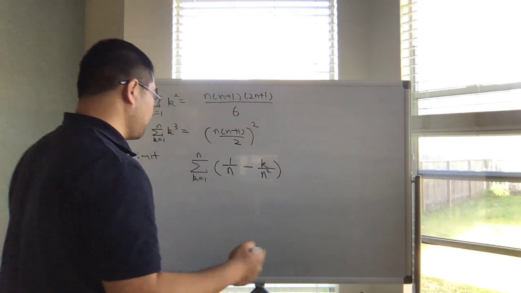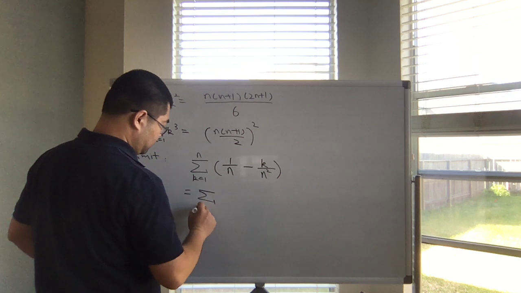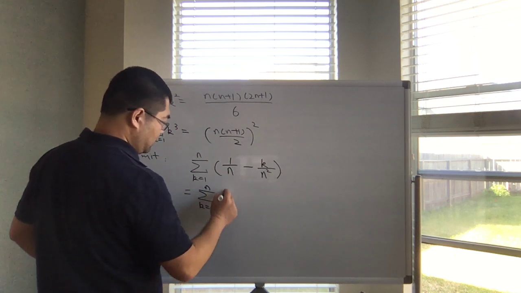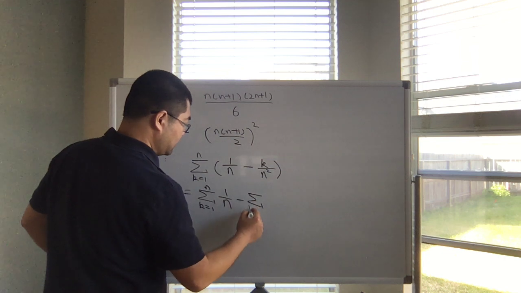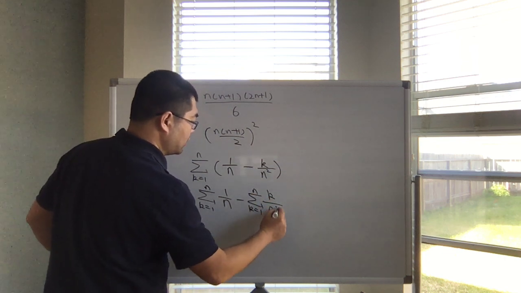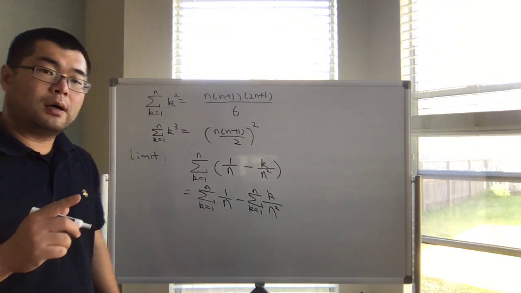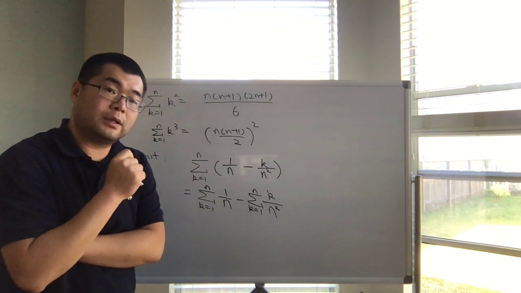Okay, let's see. Based on the properties we just introduced, the sum from 1 to n of 1 over n, minus sigma notation k from 1 to n of k over n squared. And guys, this part I would like to make very, very clear.